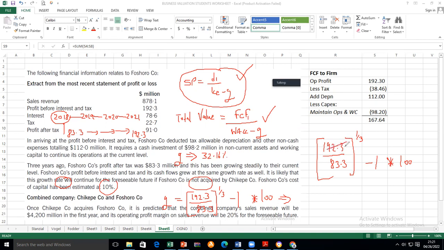I took it as operating profit. Thank you for the correction. So this is 91.0. Let's correct that one.